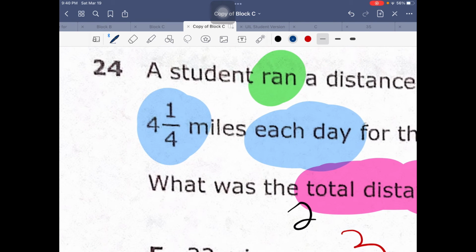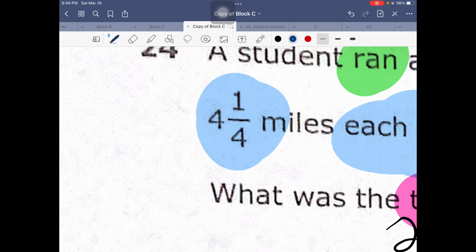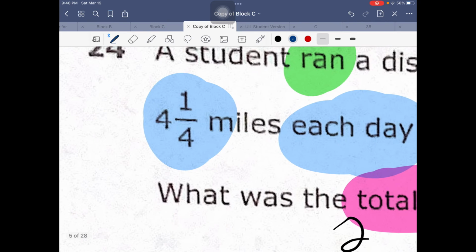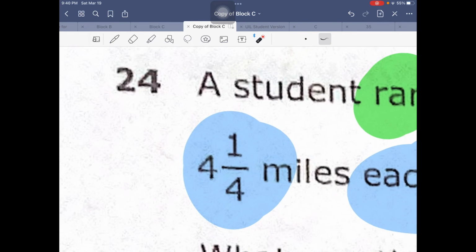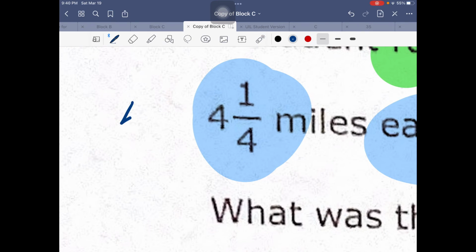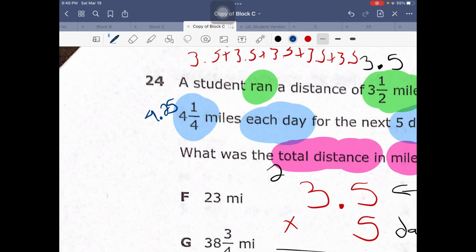For the next 5 days, I have 4 1/4. I could do the same thing over here, or I could do this right away. Instead of 4 1/4, 4.25.